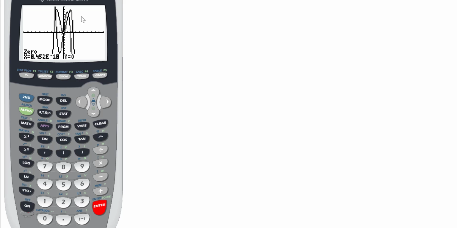Okay? But I need to go to the other function, so I'm going to hit up arrow. Okay, so here it is, up arrow, and again, this is e to the negative 18, and this is e to the negative 34, which the coordinate is 0, 0. That's where you have a relative minimum.